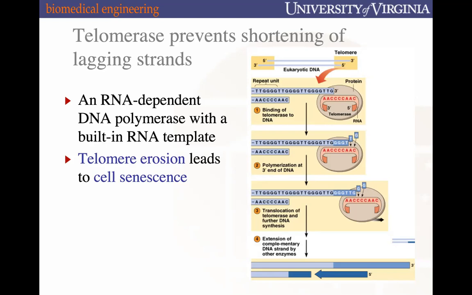And so there's an enzyme called telomerase that helps prevent the shortening of our telomeres. What's really unique about telomerase is that it's an RNA-dependent DNA polymerase, but it has its own built-in RNA template. It does not need the RNA primer to be laid down because it has its own built-in primer provided.